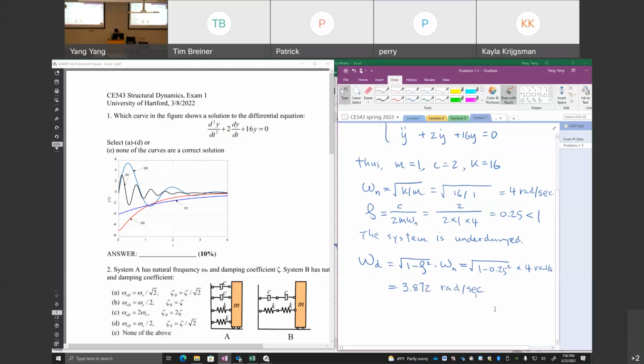Based on this information, we can calculate the natural period here. The damped period should be 2 pi over omega D.